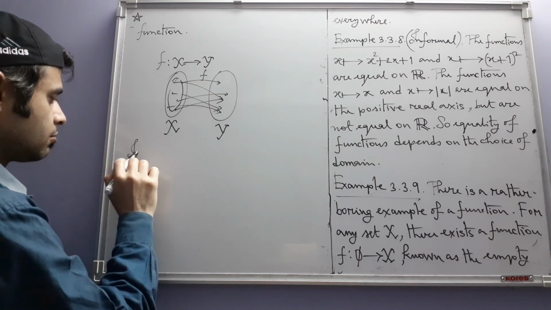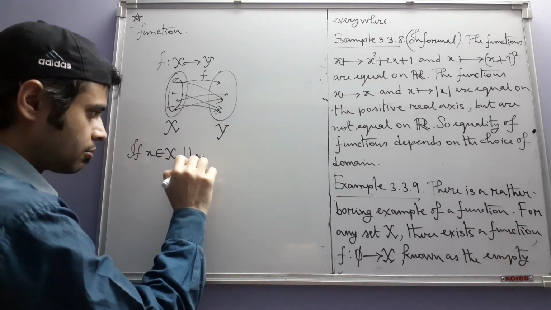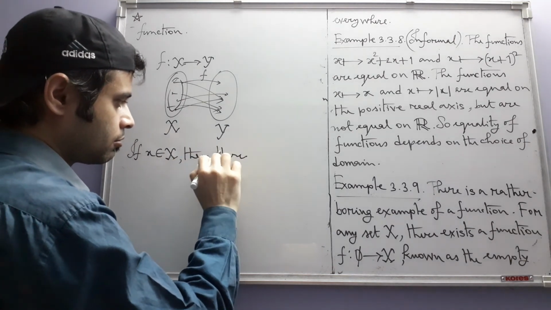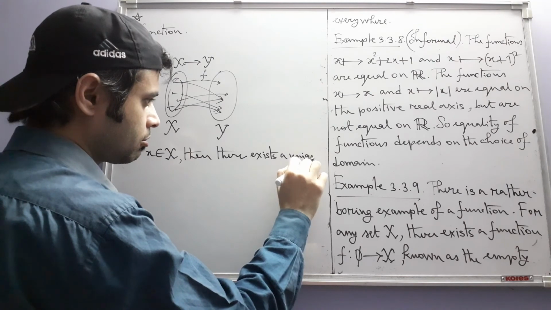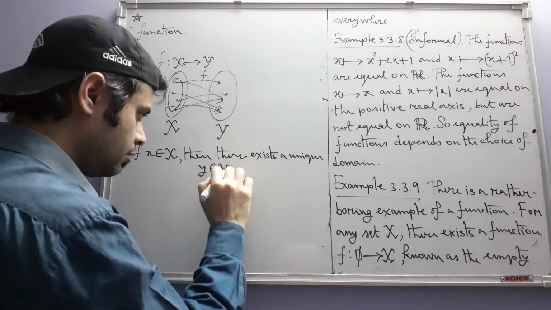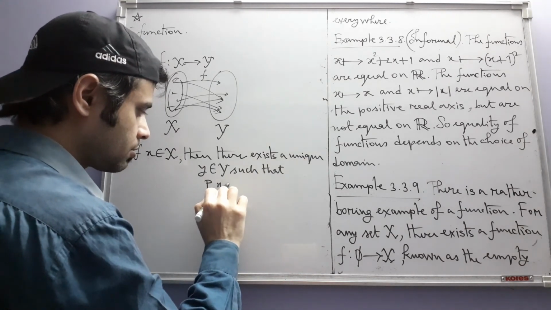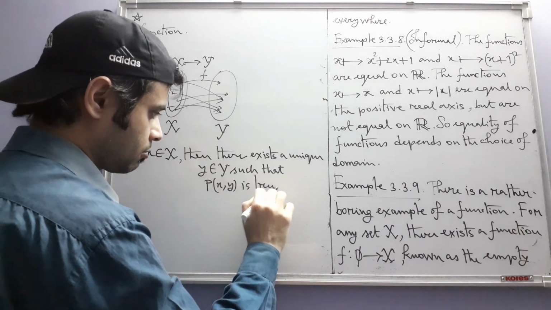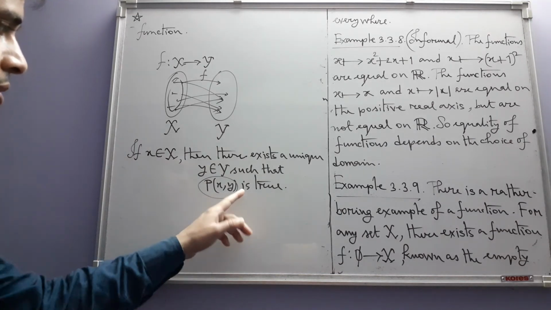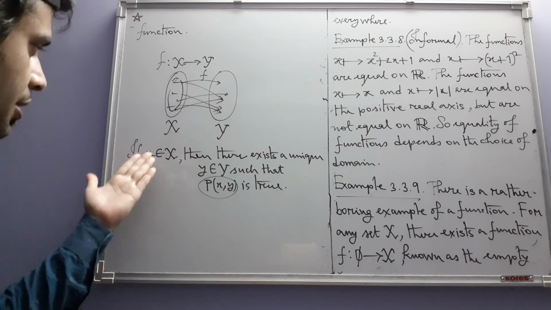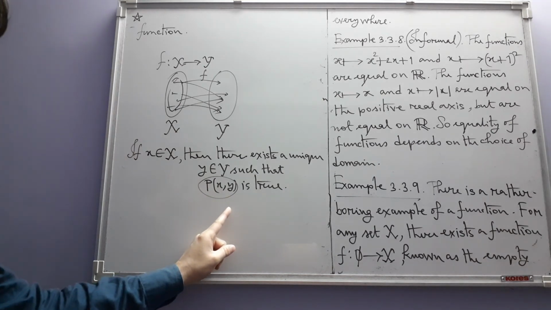If x belongs to X, then there exists a unique y belonging to Y such that P(x, y) is true, where P is the property that is defining the function, and the property itself has that same condition, that is, for every x in X there is exactly one y in Y for which this property is true. Okay.